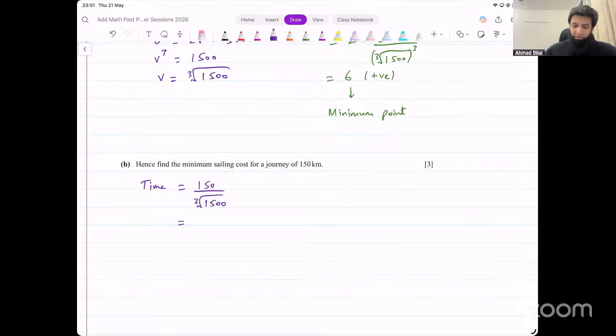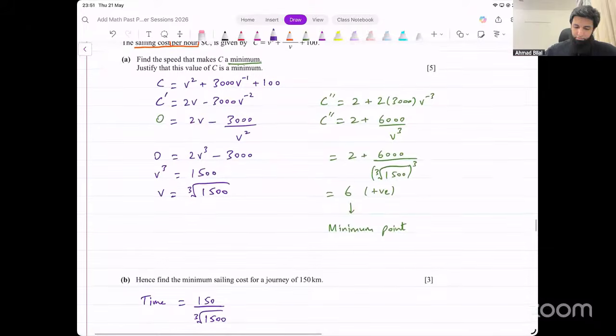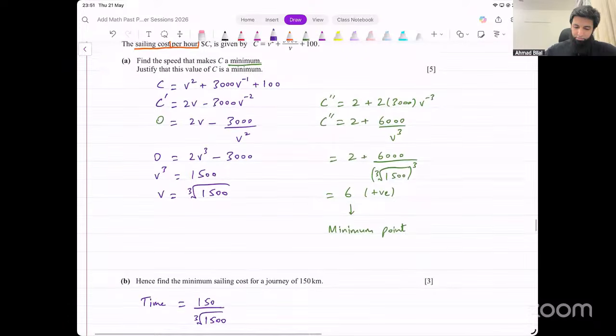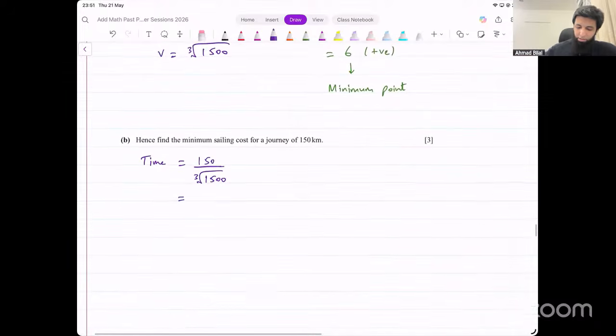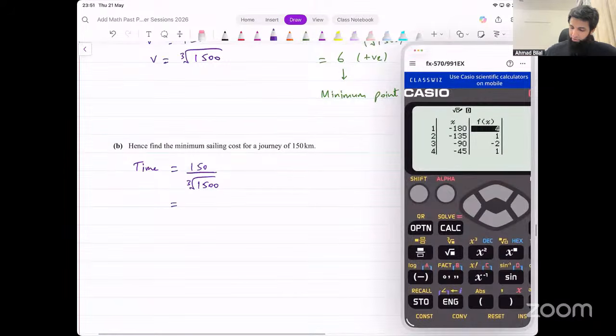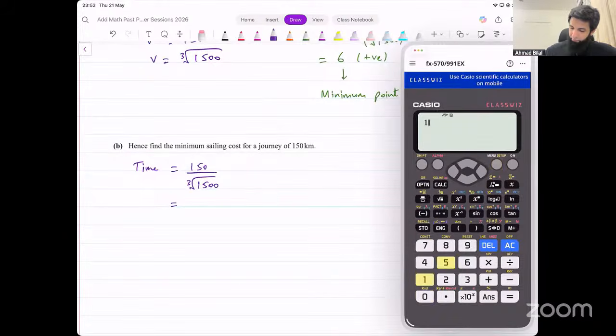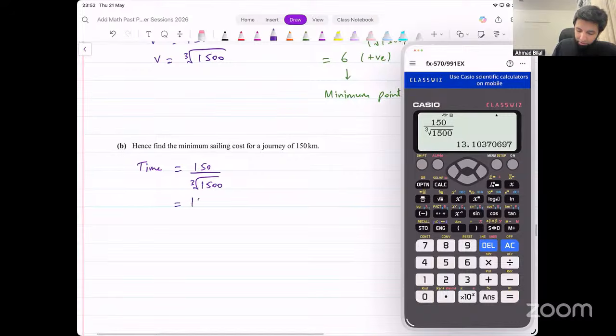What's the time taken that we get? Let's figure this out. 150 divided by cube root of 1500, and that is giving me 13.1037.